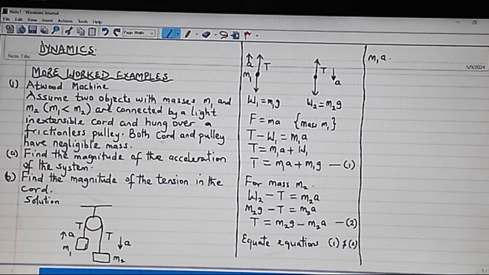M1A plus M1G is equal to M2G minus M2A. If that is the case, M1 is common on the left hand side of the equation, M2 is common on the right hand side of the equation. So we can factor out, say M1 into A plus G is equal to M2 into G minus A.